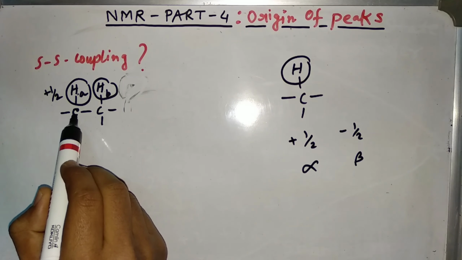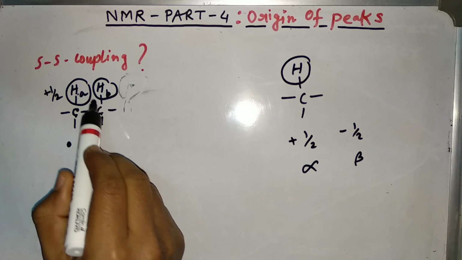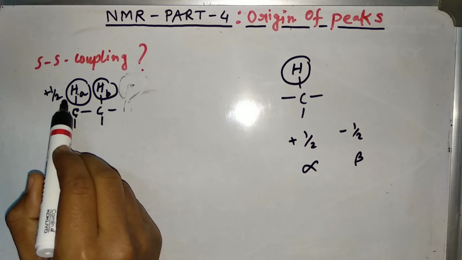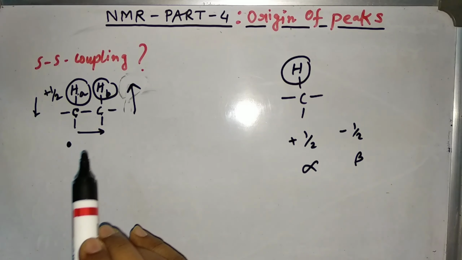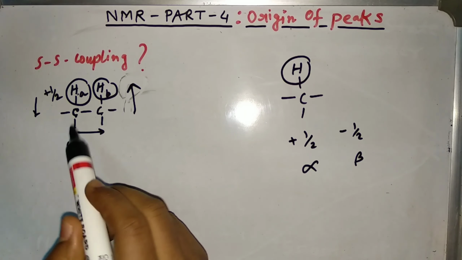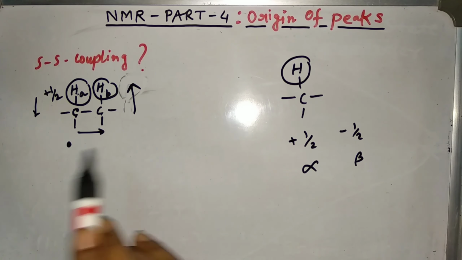So HA will couple with carbon, then this carbon will couple with this carbon, and finally this carbon will couple with HB. This kind of interaction, from here to here, then here to here, then here to here, will actually happen. This is the coupling process.